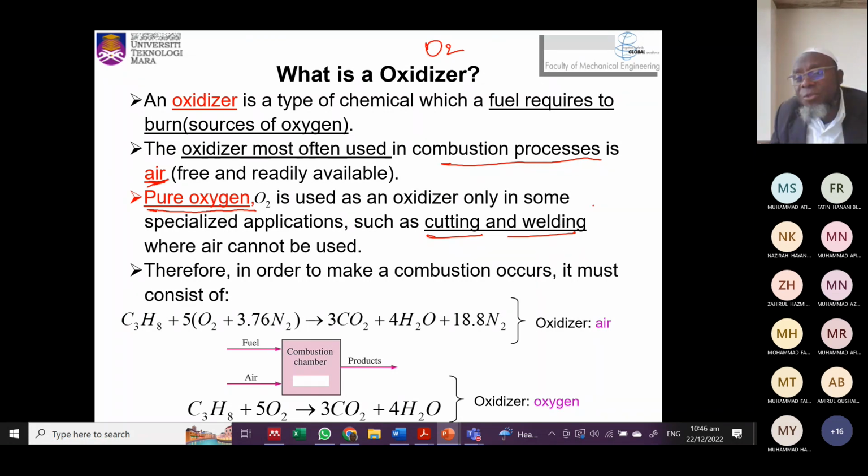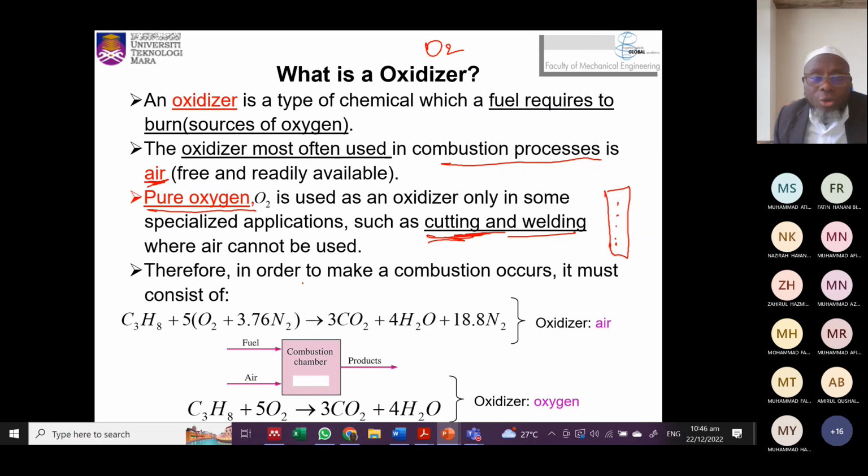They have a very large bottle of oxygen, which is stored in the container. It is this pure oxygen which is used for the burning, or the oxidizer, in order to proceed with the cutting and then the welding.